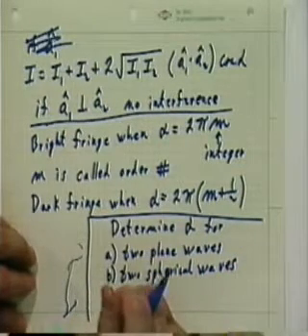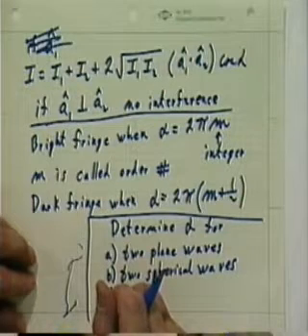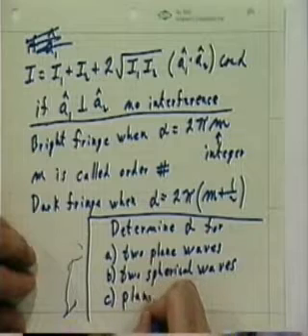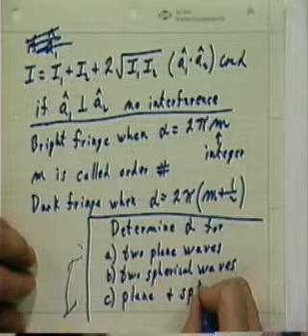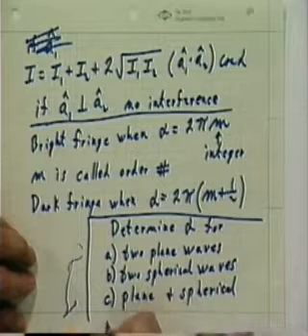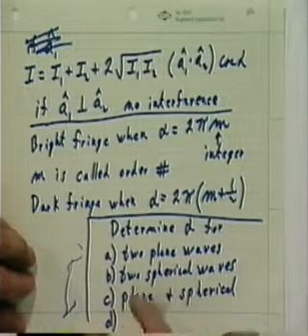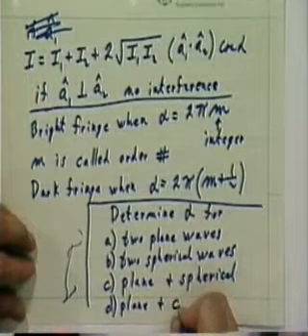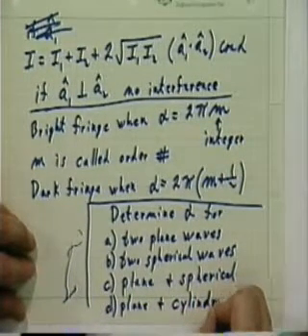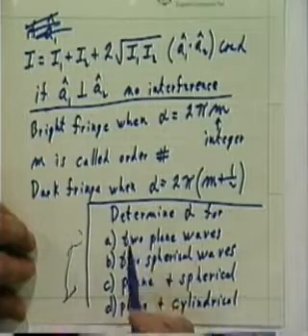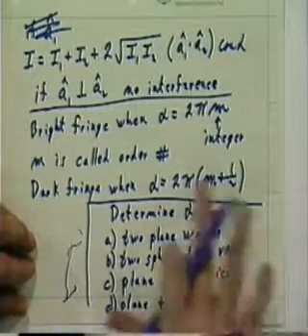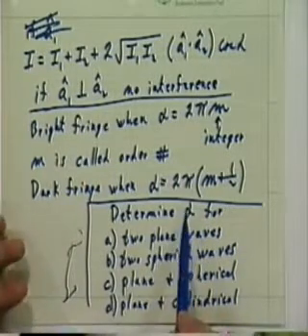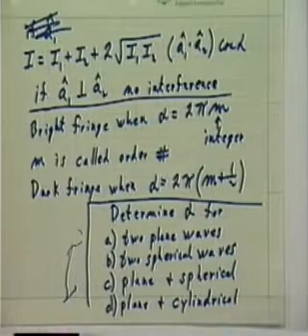And then after that, we will do a plane wave and a spherical wave. And then the last part is a plane wave and a cylinder. So those are the 4 sections, and then there will be another section on combining beams. But the first thing is to determine alpha for these 4 situations.